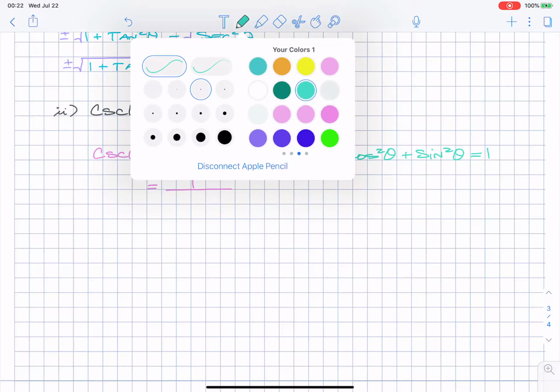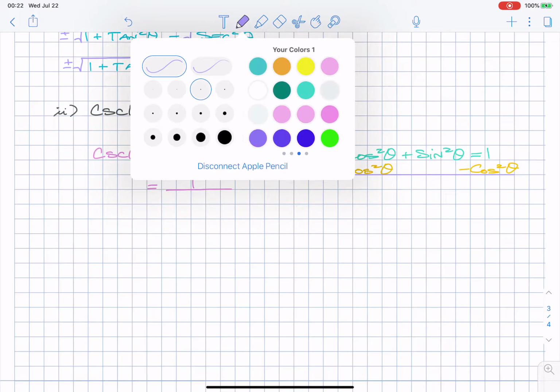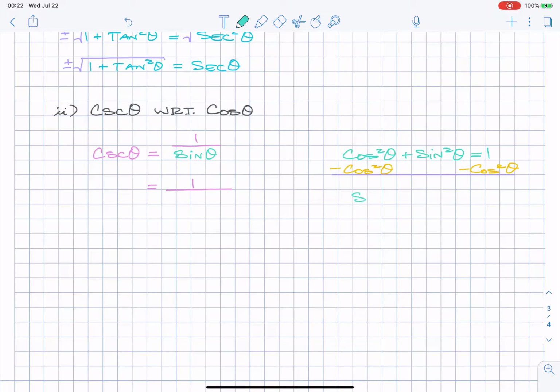So subtracting cosine squared theta from both sides, I get that sine squared theta is equal to 1 minus cosine squared theta.